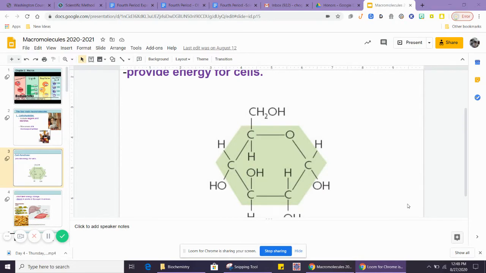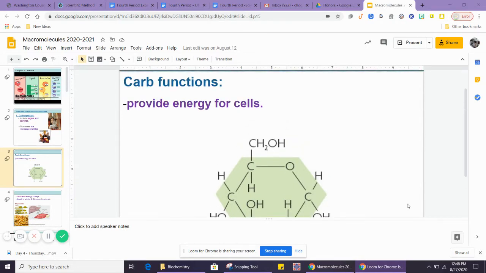So glucose, or C6H12O6, is what we use to make energy. So when I eat a carbohydrate, I don't automatically have energy. It's going to go through our digestive system, which we'll talk a little bit about. And then whatever I'm eating is probably a bigger carbohydrate, and my body has to break it down into individual glucose molecules.